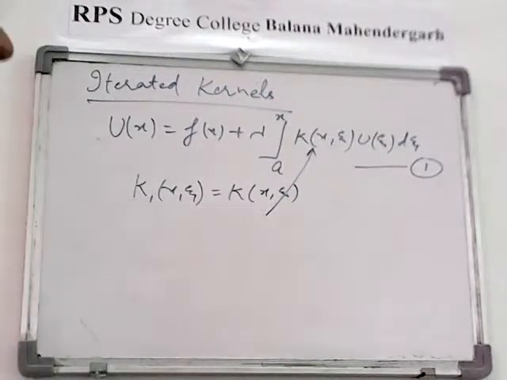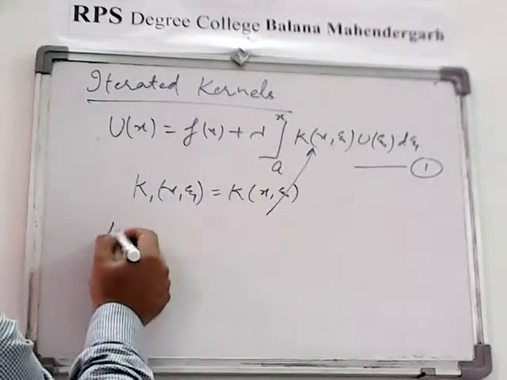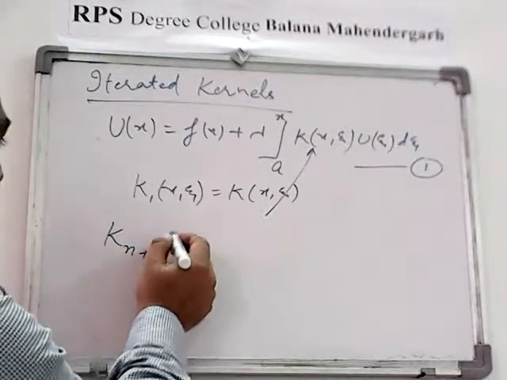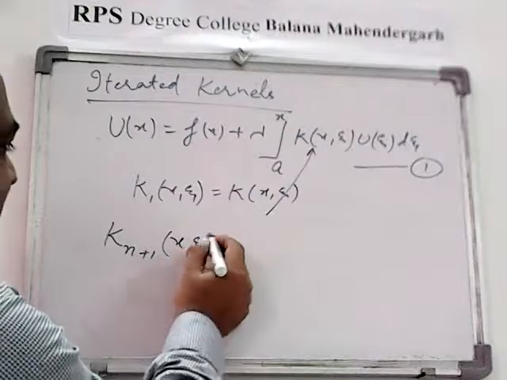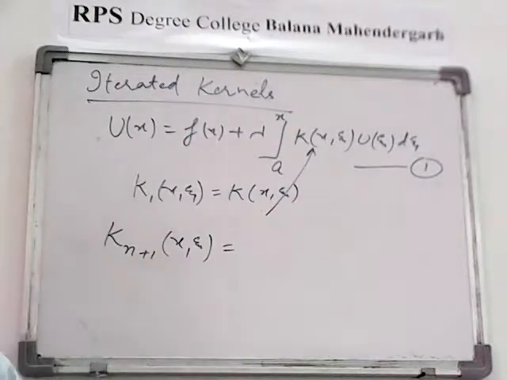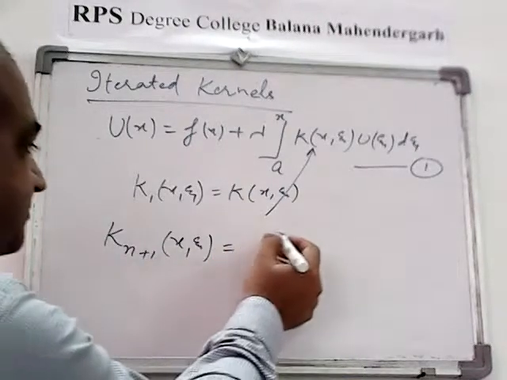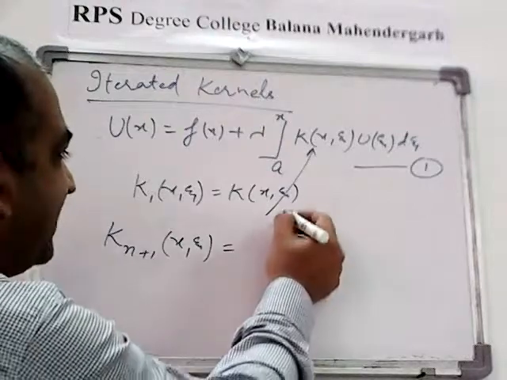Now if we want to find out the further iterated kernel, in general the formula will be K_{n+1}(x, ξ) equal to integration from ξ to x.